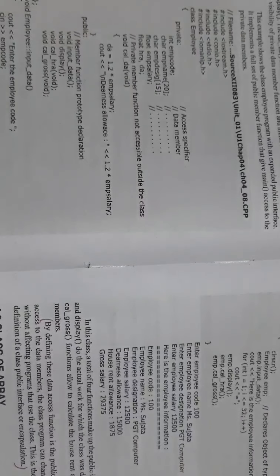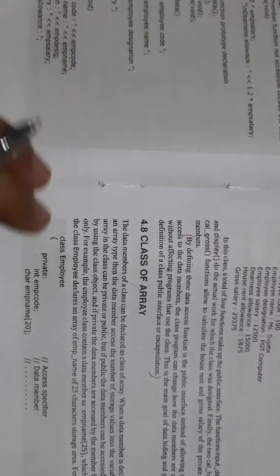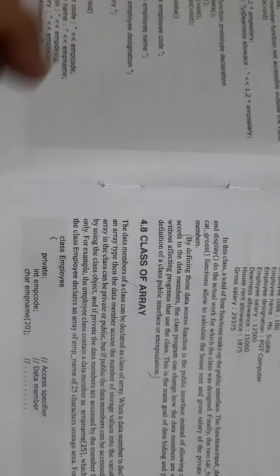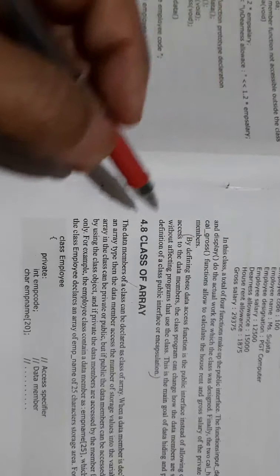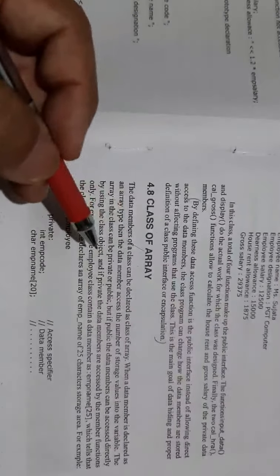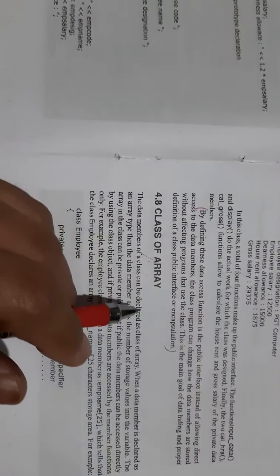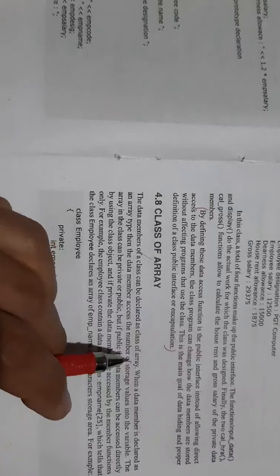So that way the complexity of the program can be minimized, and we can relate with real world problems, clear. So now class of array. From the beginning of this chapter we have already been using arrays, okay. So here it's better defined, the class of array. The data members of a class can be declared as an array.